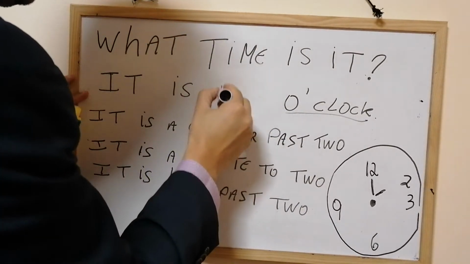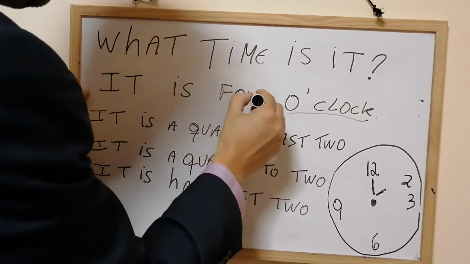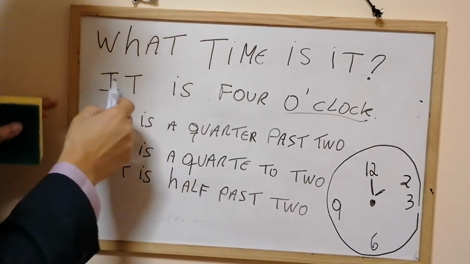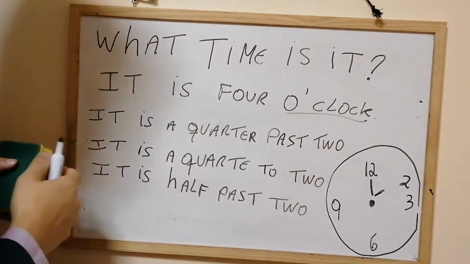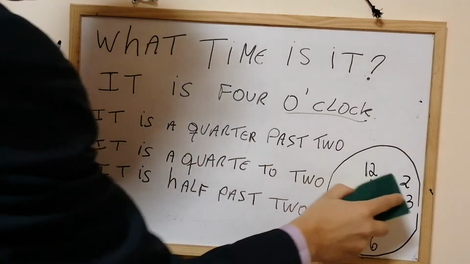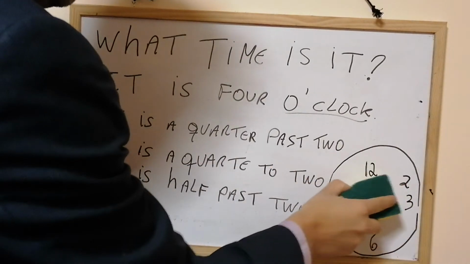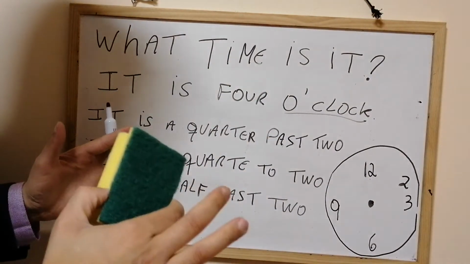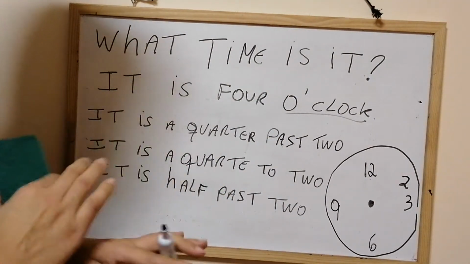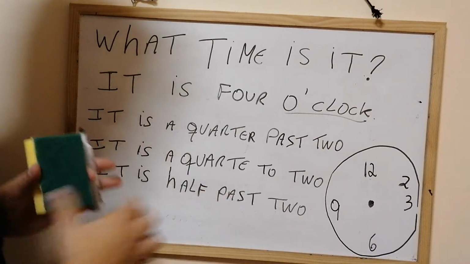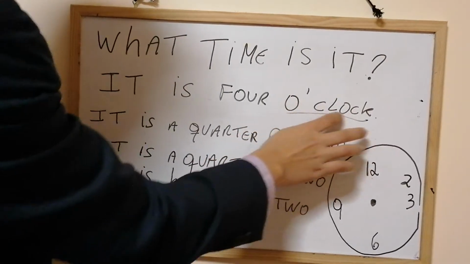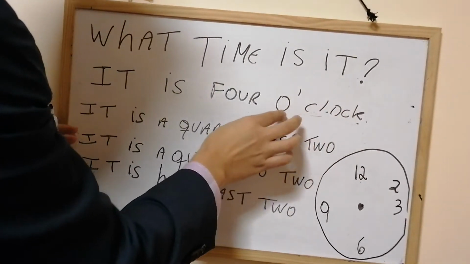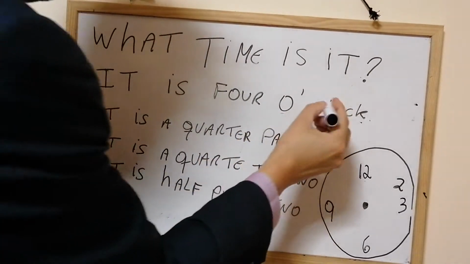If you like 4, we can go for 4. So it is 4 o'clock. Now that you know that we only use o'clock when we have the full hour completed, if we don't have a full hour, we don't use that expression. It's only for the full hours.